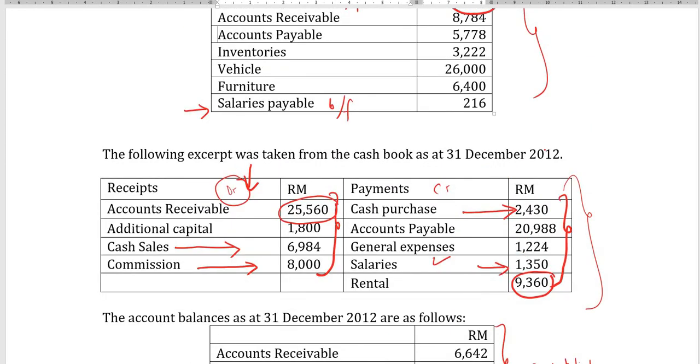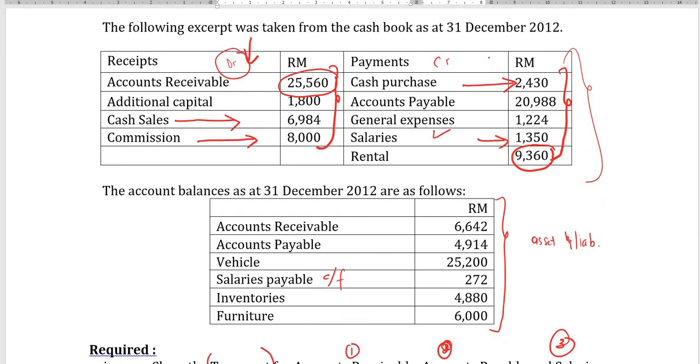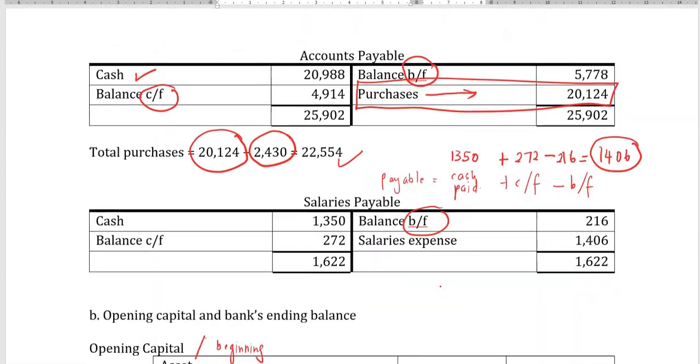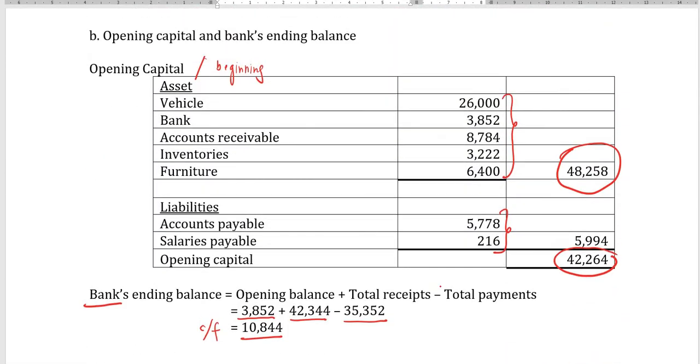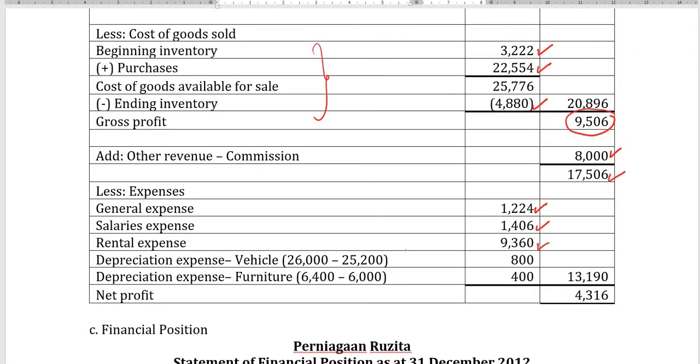Lepas tu for your non-current asset, okay, beginning you ada 26, right, and then ending you ada 25,200. So kita minus je. Okay, so the difference is actually your depreciation expense. Okay, so you have two depreciation expense. One is for your vehicle, the other one is for your furniture. Okay, so kita akan dapat net profit.